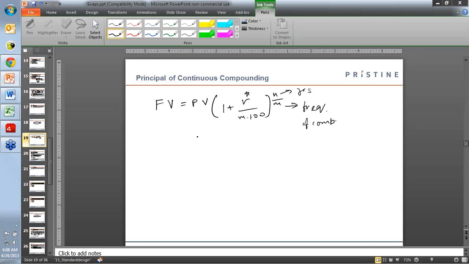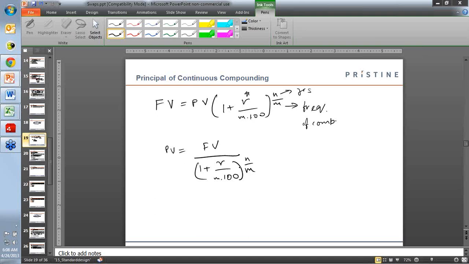Here we would primarily be concerned with finding out the present value of a payment.